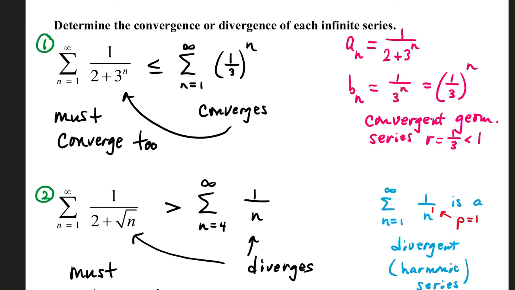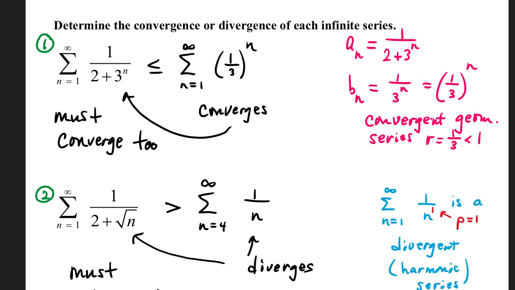So that's actually what we're going to do. We're given a sub n, we're going to build b sub n, and we're going to write it as what we know as a convergent geometric series. Ratio is less than 1. If you want to make a fraction larger, one technique is to make the denominator smaller.